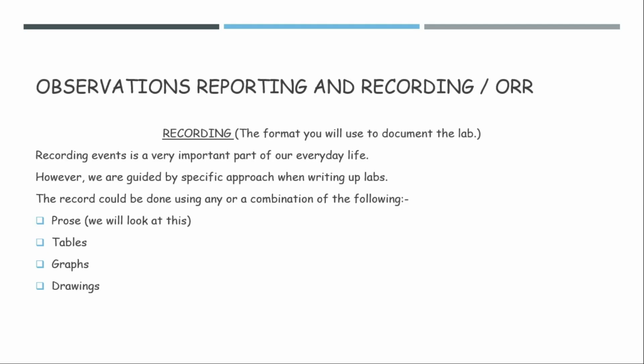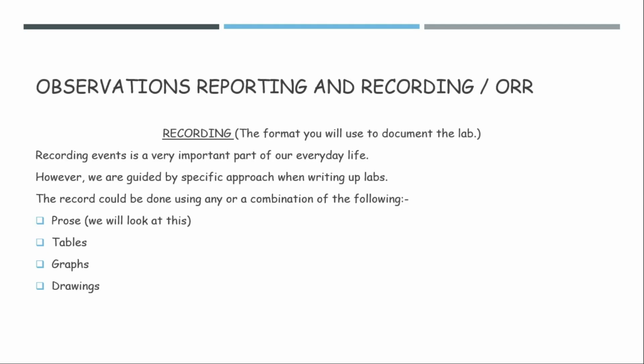You could record your lab in a table, as is done with a food test. You could record your lab using a graph. Or you might very well draw a picture map to show what's happening on the outside. So remember, the recording aspect of the ORR is what format you're going to use to represent the data.